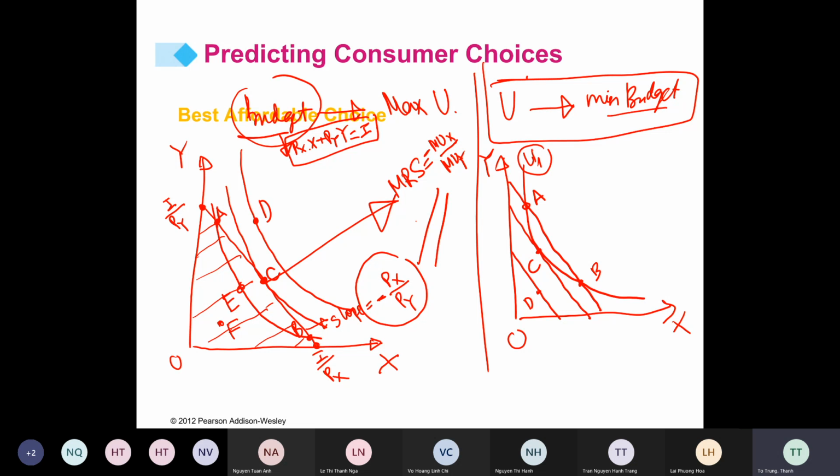At the same time, you see at point C, two curves, the indifference curve and the budget line, are tangent. And in the same meaning, you see the slopes of these two curves are the same. And finally, you get the same formulas for the best consumption level.